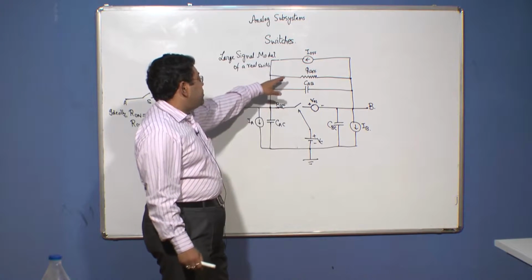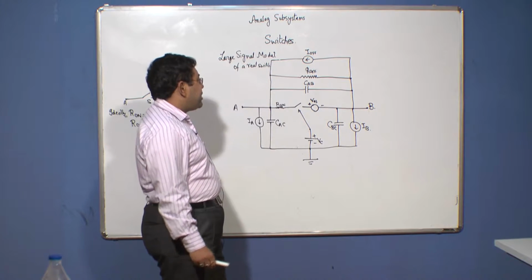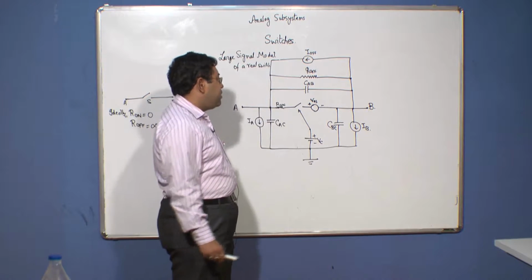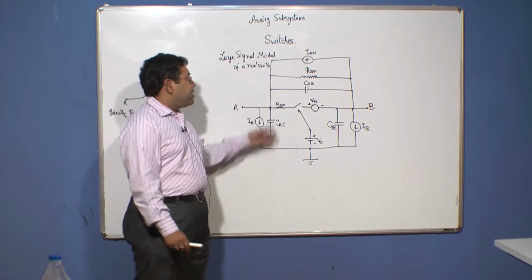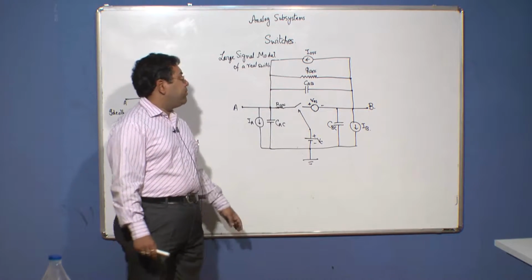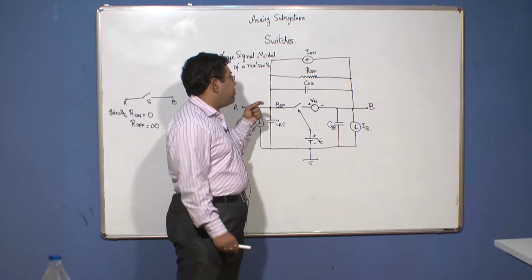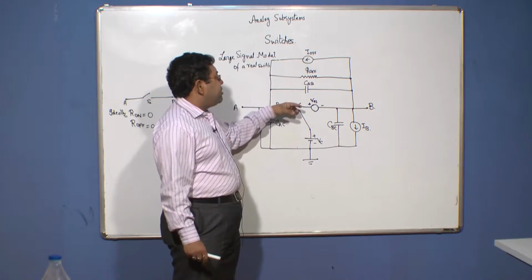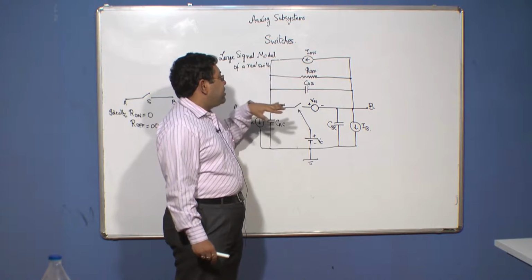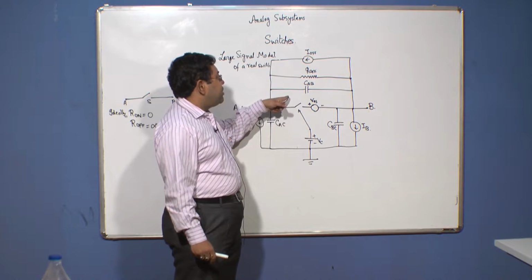Similarly, when the switch is off, ideally we expect a perfect open circuit between the two end terminals, but in reality it is not open, but a small current actually flows through the switch, and therefore it has to be modeled by a very large resistance given by this R off, which is in shunt with the switch.